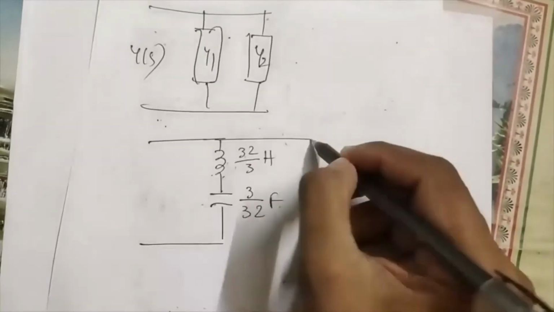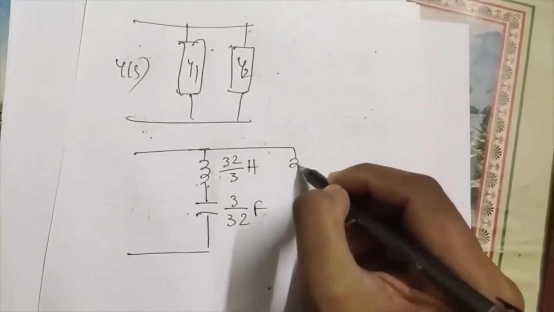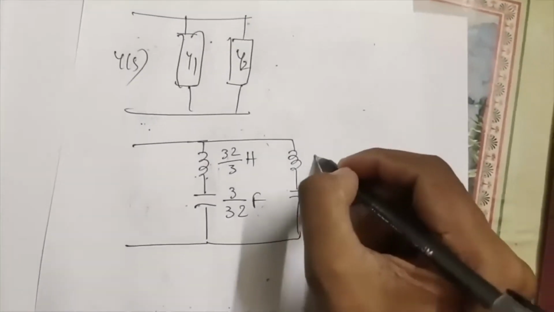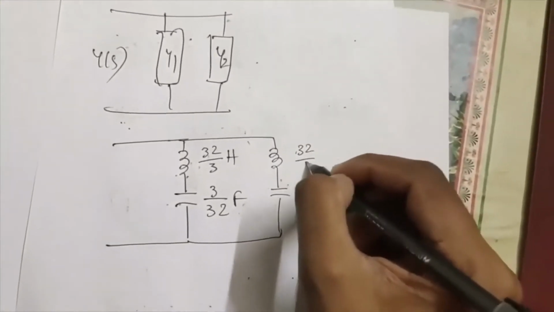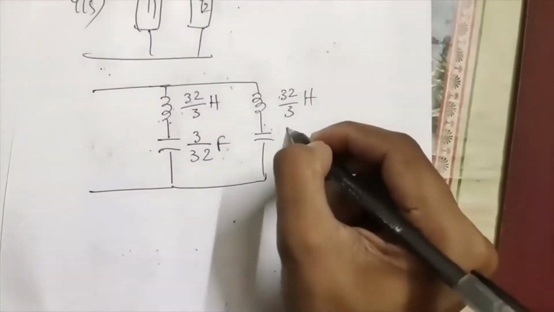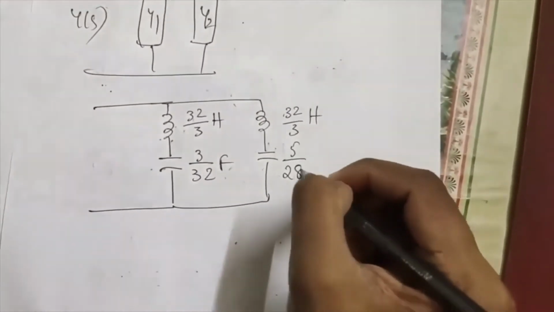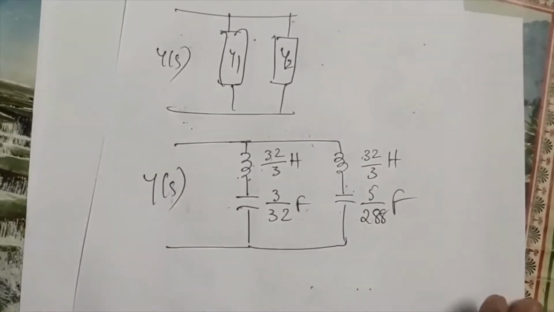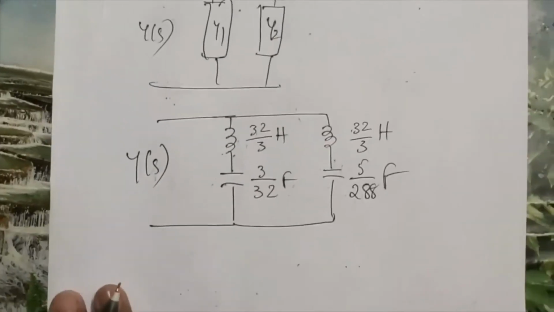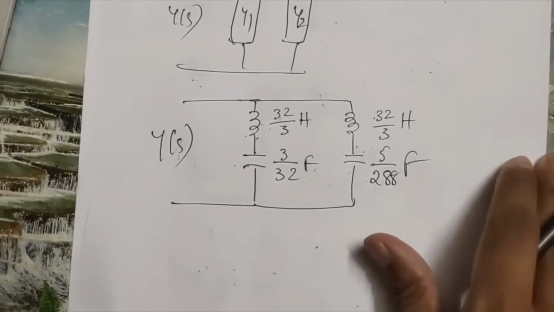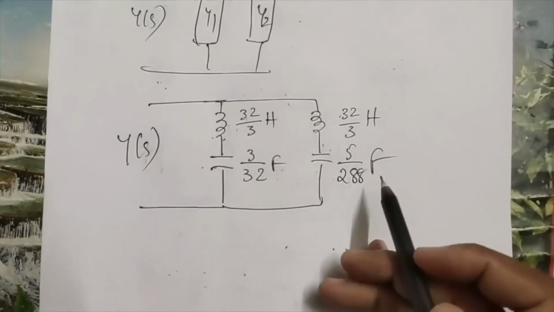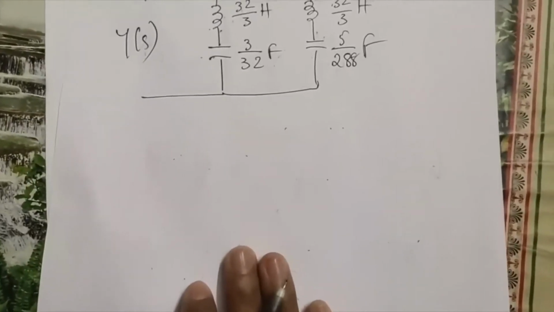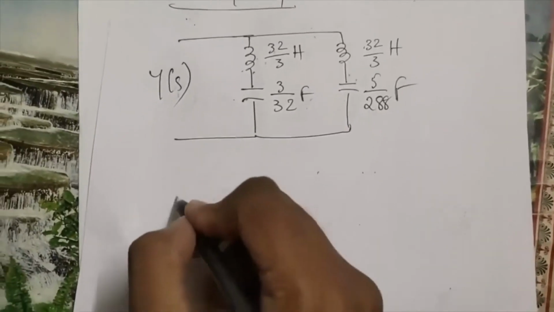So instead of Y2 also we get a series combination of L and C. The inductor value is 32 by 5 henries and the capacitor value is 5 by 288 farads. So this is the network obtained after synthesizing the given impedance LC function using Foster second form. The third method is Cauer first form.